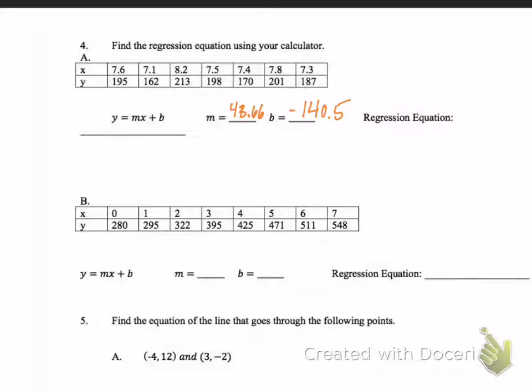My regression equation looks like y equals 43.66x minus 140.5. And if the question said, is this a positive or negative correlation, what would my answer be, positive or negative? Positive, because the slope is positive.